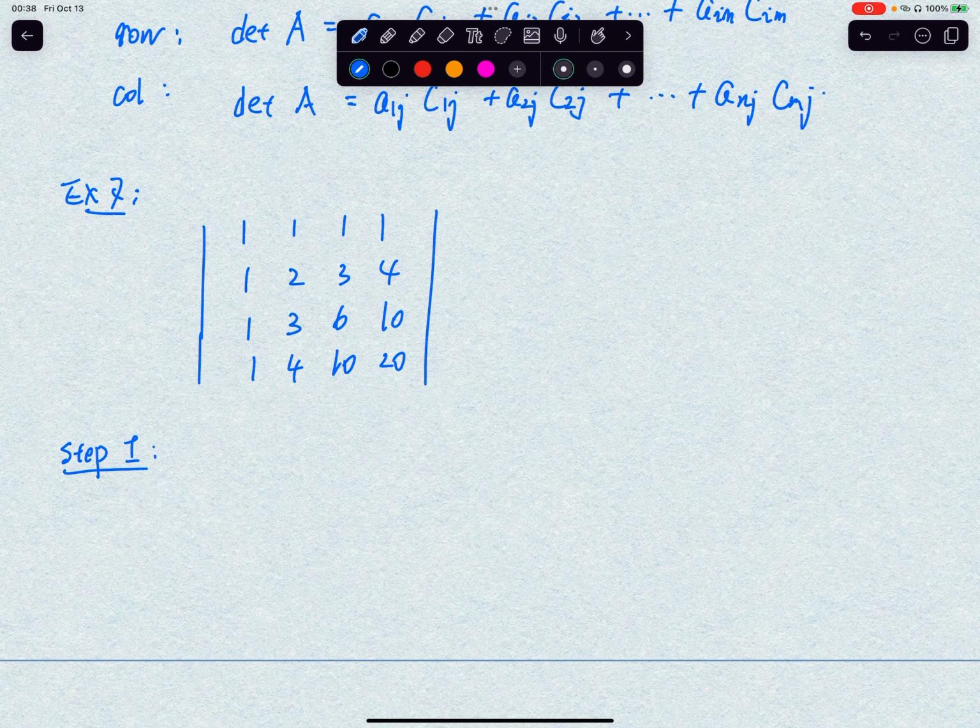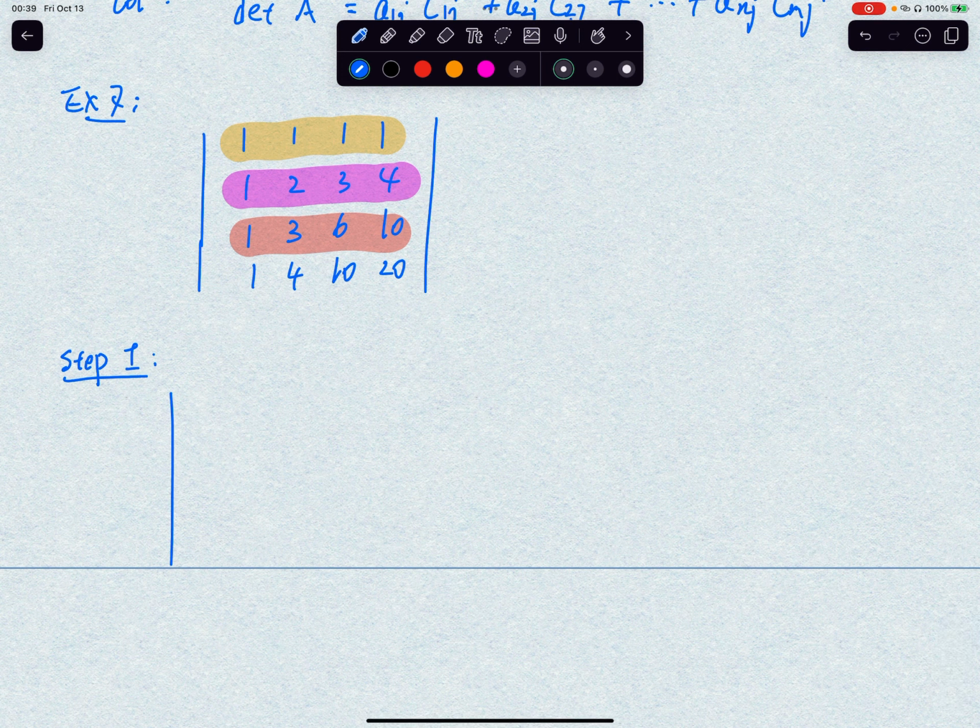So observe the determinant first. We may see that if we multiply the third row by -1 and add it to the fourth row, then multiply the second row by -1 and add it to the third row, and lastly multiply the first row by -1 and add it to the second row.